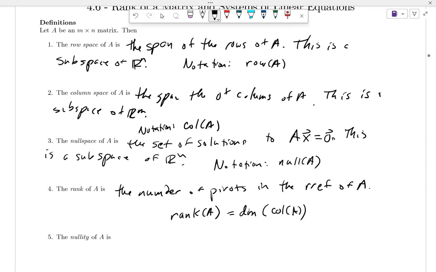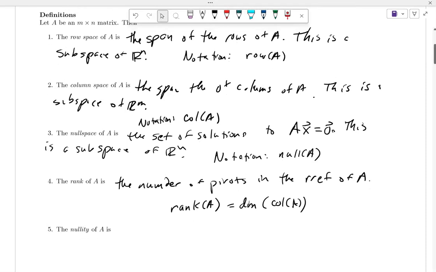You put the vectors in as columns of a matrix, you row reduce, and you find the pivots, and you go back and grab those columns, right? If the column space is the span of the columns, then the span of the columns will just be those columns that correspond to pivots in the reduced row echelon form.